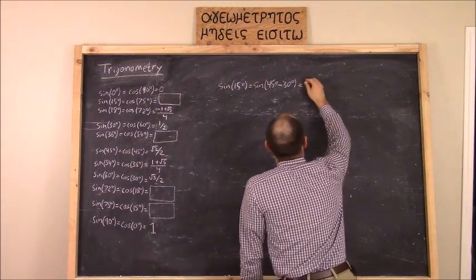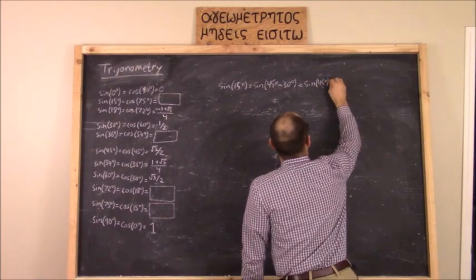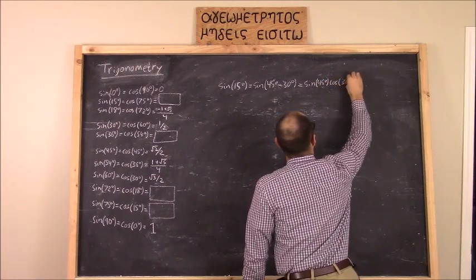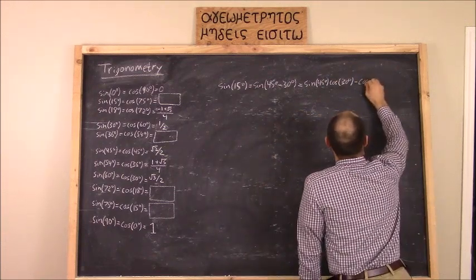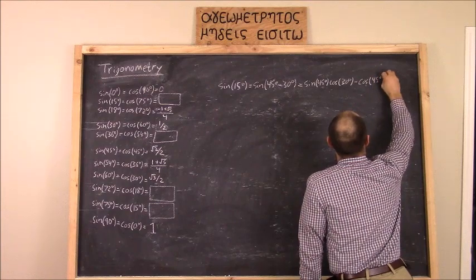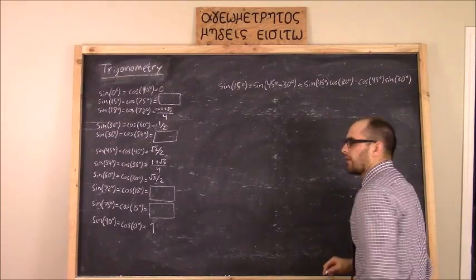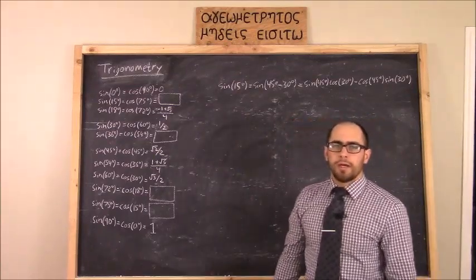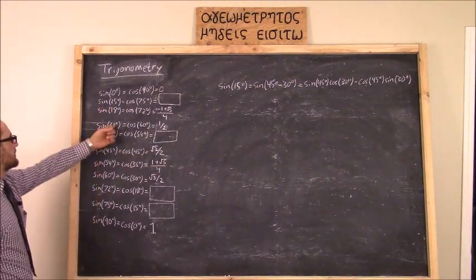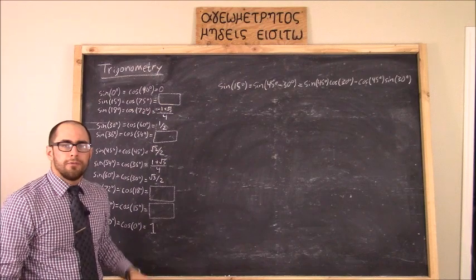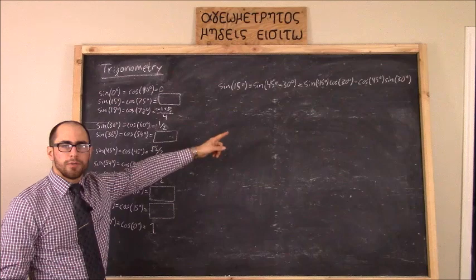And you'll remember from the angle difference, that is equal to sine 45 cosine of 30 minus cosine 45 sine 30. Of course, there's more than one way to skin a cat. We could also use the half angle identity, starting with sine 30 to get the answer. If you feel so inclined, I encourage you to do so in your own time and check that it matches the result we obtain here.